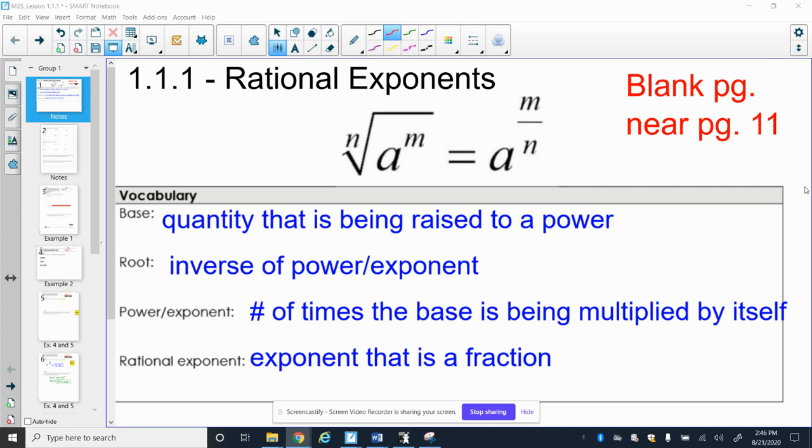Our lesson today is on rational exponents. We have an example of what we're looking at here at the top. Notice this form we have on the left. This is using a radical or a root. Then this form we have on the right is containing a rational exponent. We see the definition of a rational exponent at the bottom. That's just an exponent that is a fraction.